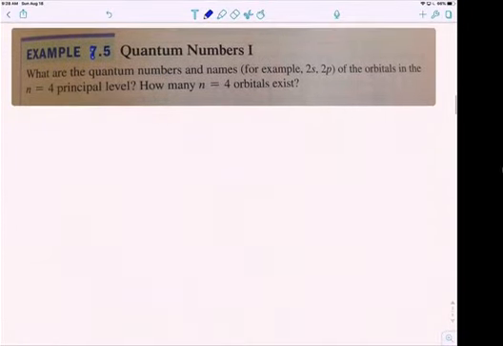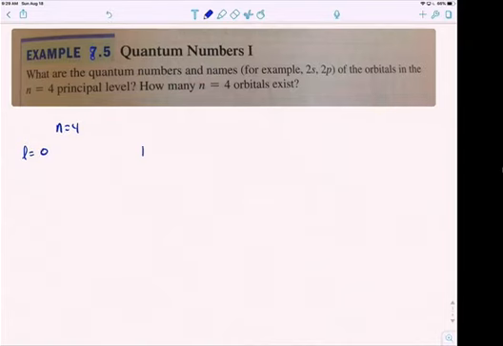Okay, so let's look at this. What are the quantum numbers and names of the orbitals in the n equals 4 principal quantum number? How many n equals 4 orbitals exist? So n equals 4, that means l can be 0, 1, 2, 3, and 4. Then m sub l, for 0, this has to be 0.